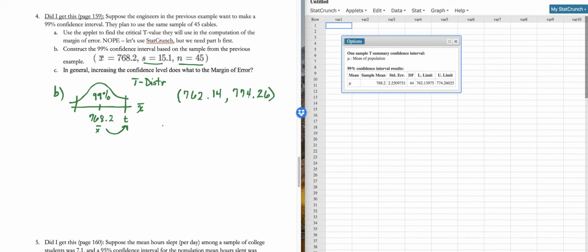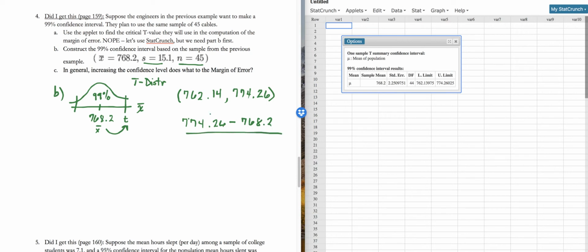That's the definition of a z-score, and t-score is exactly the same thing here. So let's think about this calculation. The right-hand endpoint is 774.26 minus the center, 768.2.